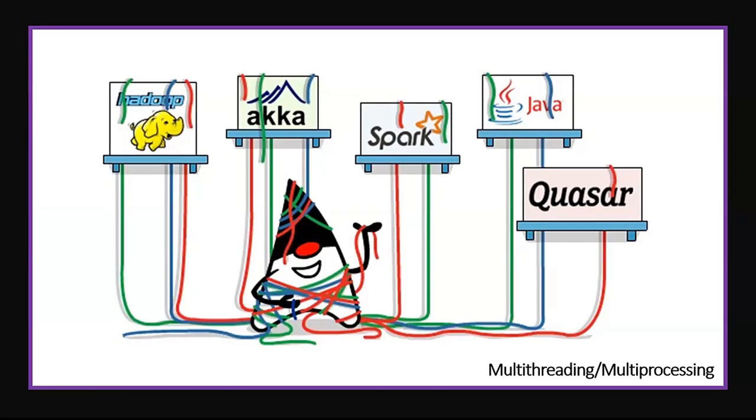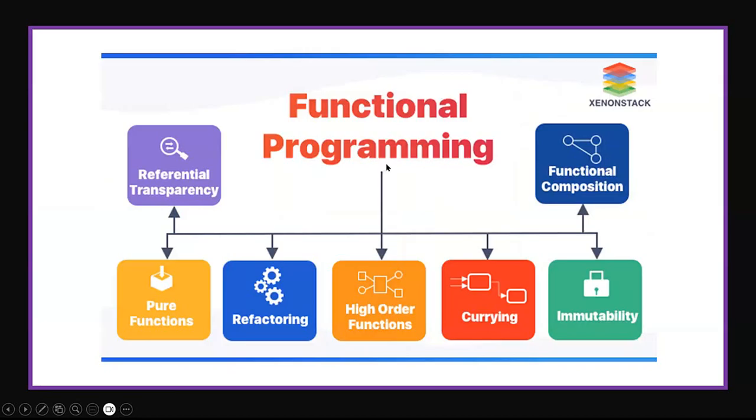Java has very good multi-threading packages. The next one is functional programming. So the three major imperative programming paradigms are structured programming, object-oriented programming, and functional programming.